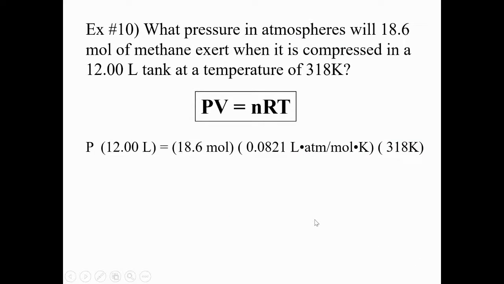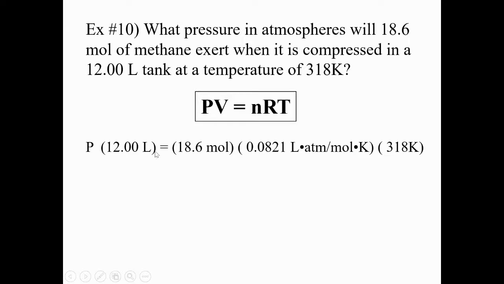So here's our first problem. What pressure in atmospheres, so I don't know pressure, 18.6 moles, that's my N, 12 liters, that's my volume, and 318 K, that's my temperature. So in this case, all of the things are already in the proper units.